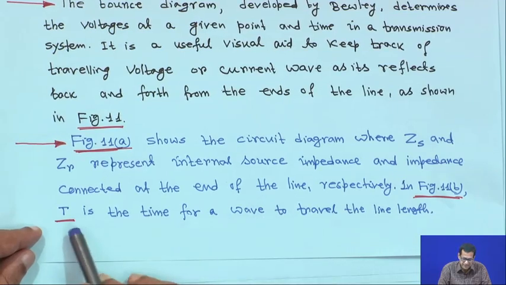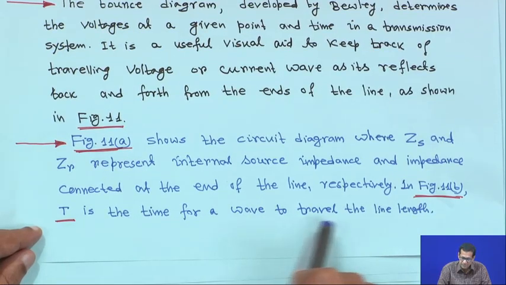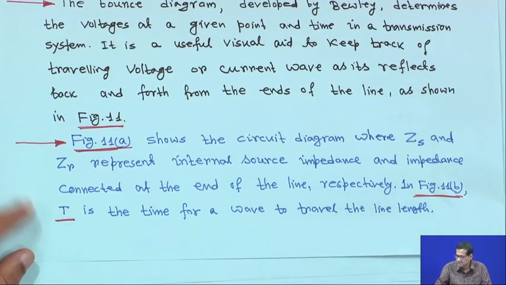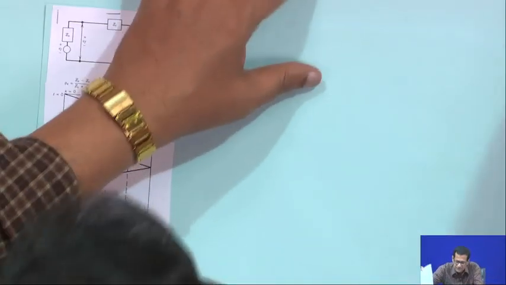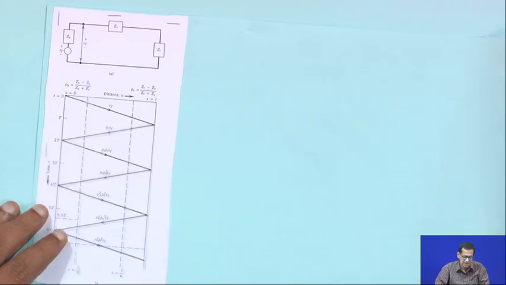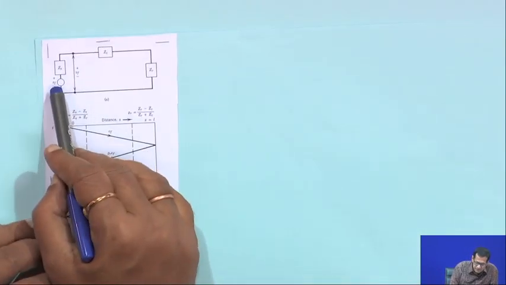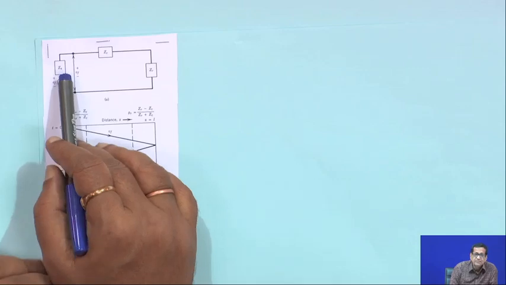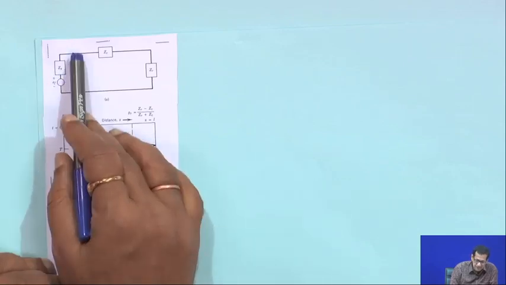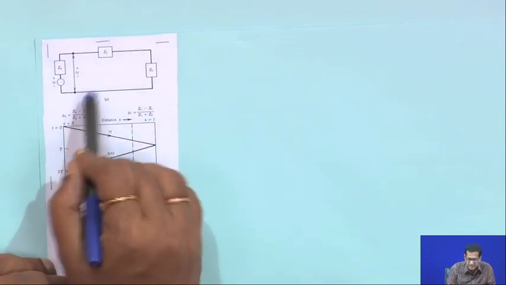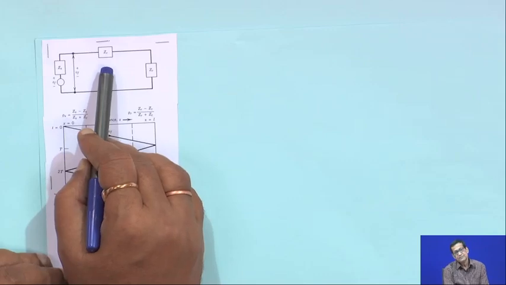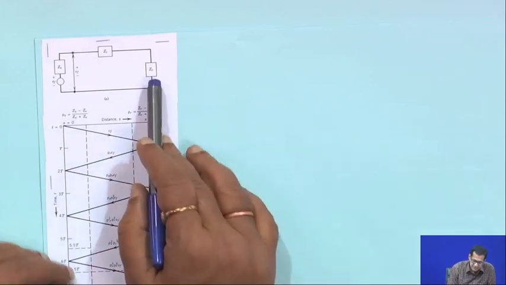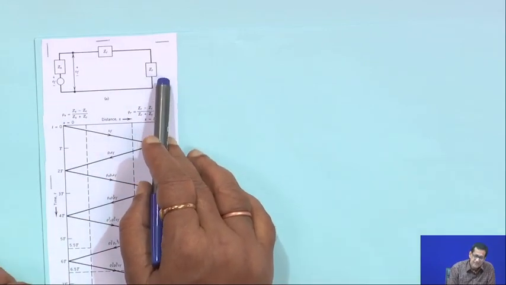In figure 11b, t is the time for a wave to travel the line length. This is the diagram: the source is e f with internal impedance Z s, across this the voltage is V f, the characteristic impedance is Z c, and the receiving end is terminated with Z r.